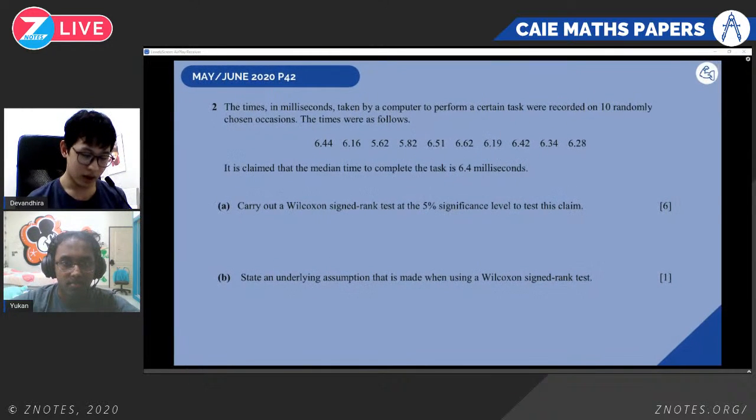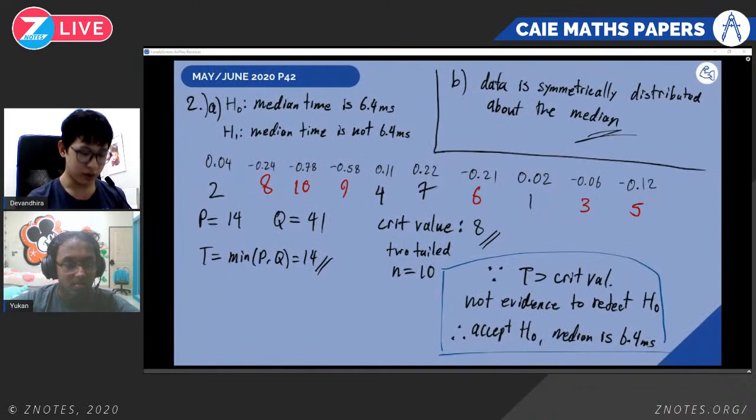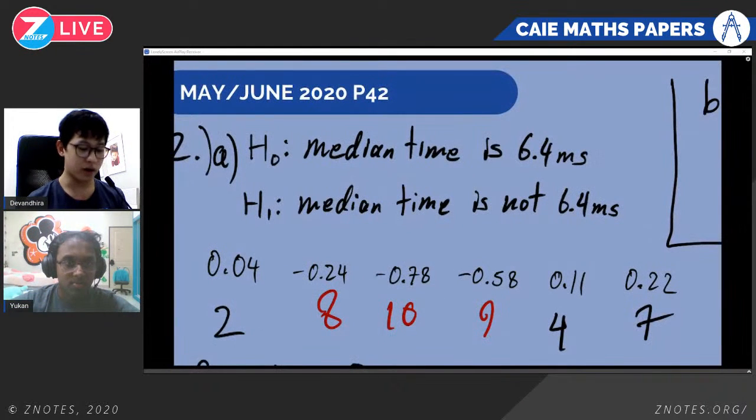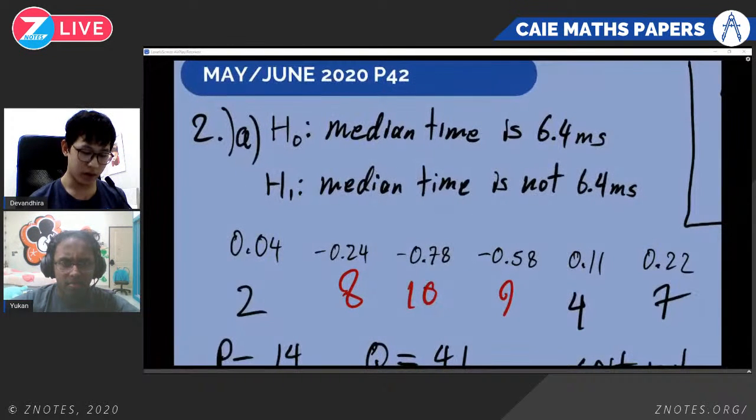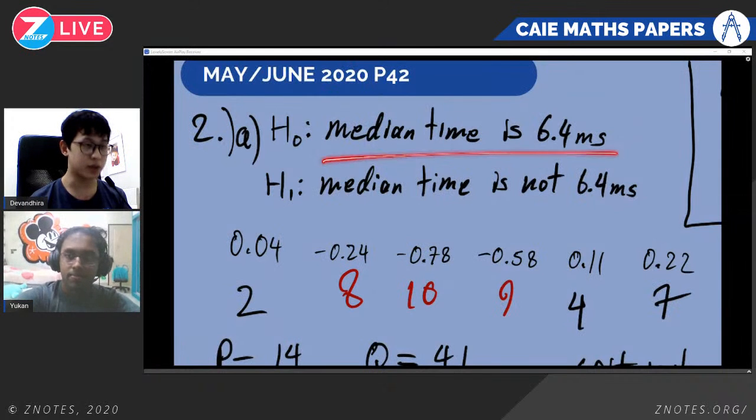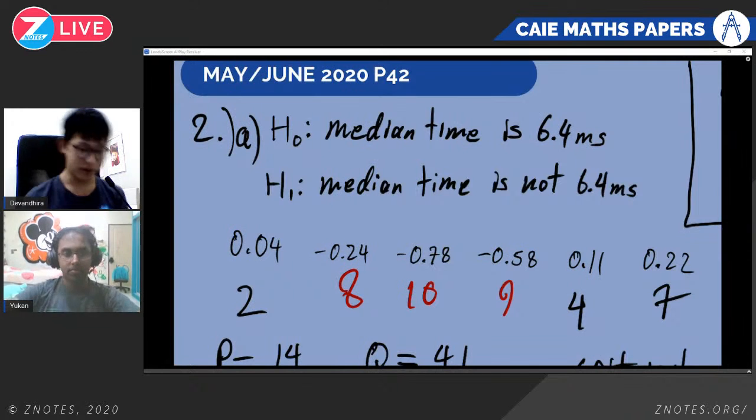All right, so let's do that. Before we start, we always have to write our hypotheses, the null and alternative. Our null hypothesis is that the median time is 6.4, while the alternative is that it is not 6.4.